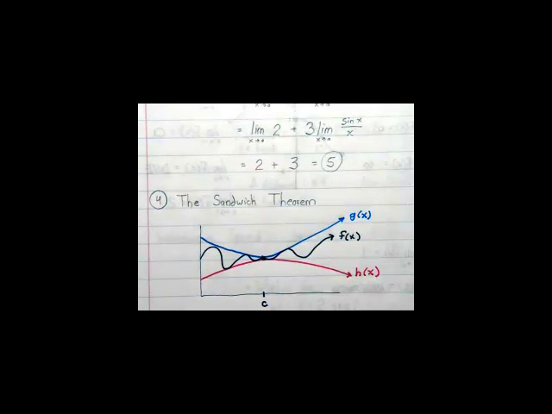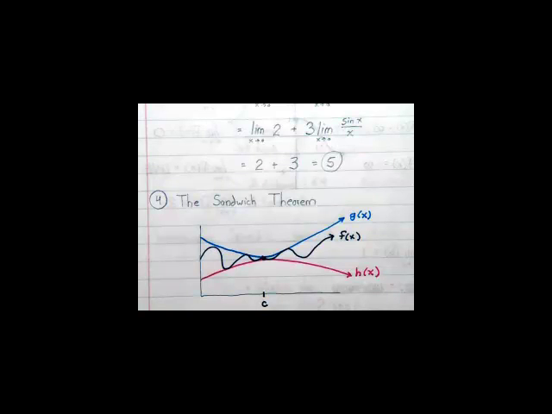So, if g of x is always greater than f of x, and h of x is always less than f of x, and the limit as x approaches c of g of x and h of x is the same thing, then f of x has to be that as well. Because g of x and h of x have sandwiched that value at that spot.